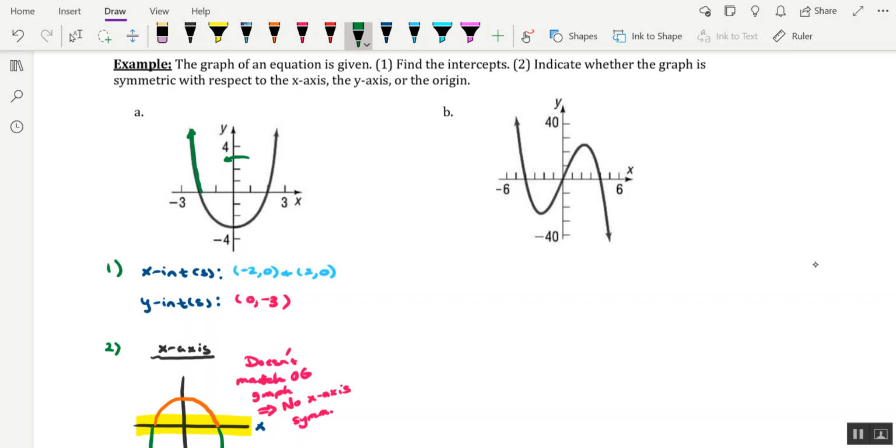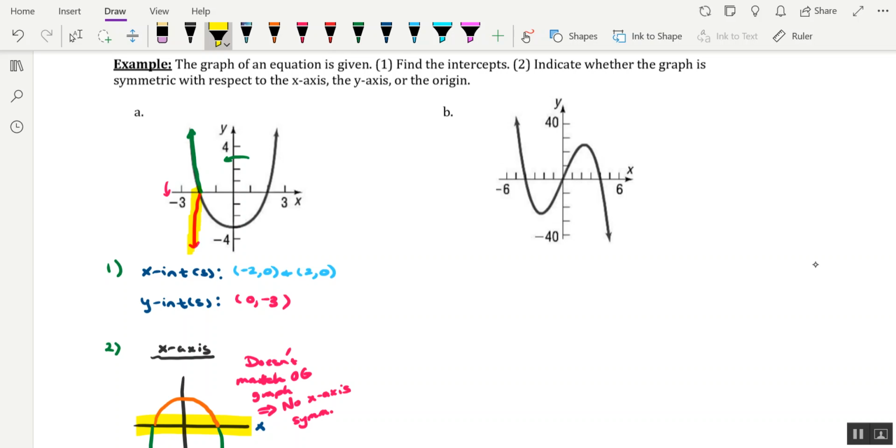Okay, that's no surprise because we know that this graph has y-axis symmetry, but if you go one step further and reflect across the x-axis, that piece would point upside down. And the final location of the piece that's in quadrant 1 doesn't line up with anything from the original graph.